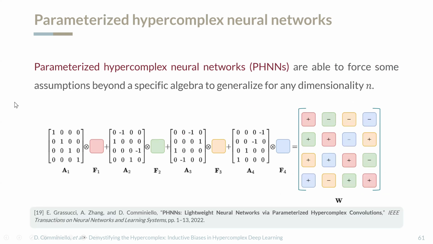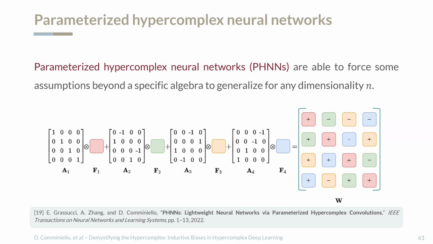So for instance, one of the ideas is to parameterize the hypercomplex domain. Actually we can decompose the matrix multiplication considering a kind of Kronecker factorization. Basically, consider that we have a well-known algebra like the quaternion algebra. We can just decompose the 4 parameters and have the quaternion Kronecker product with these 4 matrices which actually define the algebra.